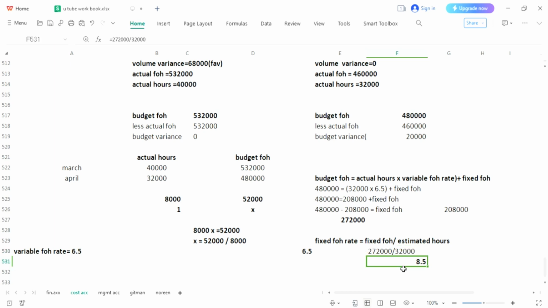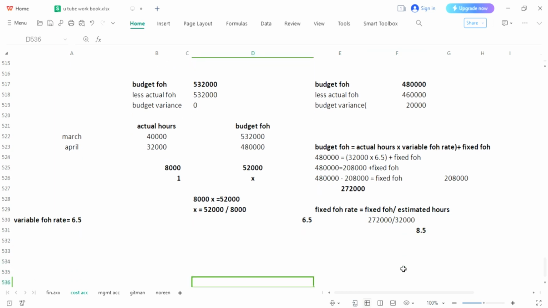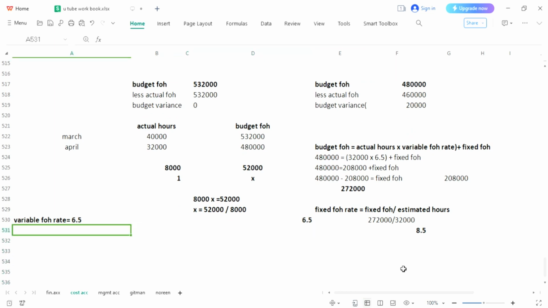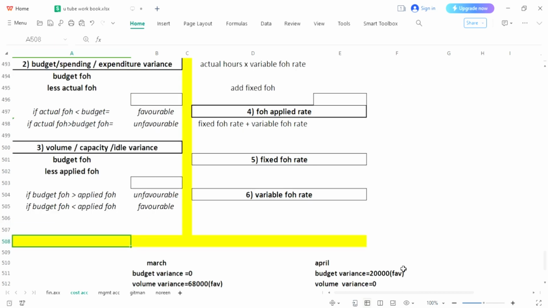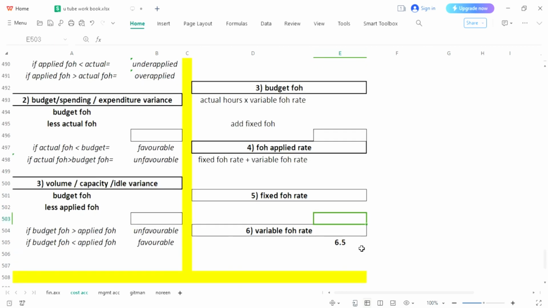Now we have to collect this information because it is still dispersed and we need to sum up everything. For that, the very first thing is variable FH rate. We have calculated 6.5. Let's put it over here in our performa. Thankfully, we have reached the stage where we can put variable FH rate as 6.5, and 8.5 is fixed FH rate.